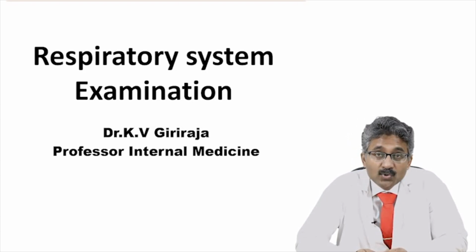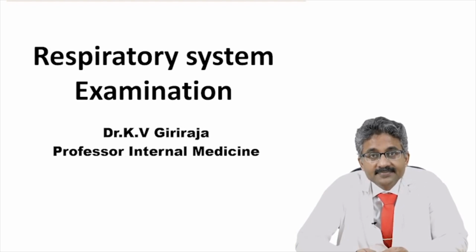The conditions which produce bronchorrhea are bronchoalveolar carcinoma, necrotizing pneumonias, suppurative lung disease like bronchiectasis and lung abscess, and empyema rupturing into the bronchus. You can have a large amount of sputum production. Next is consistency.